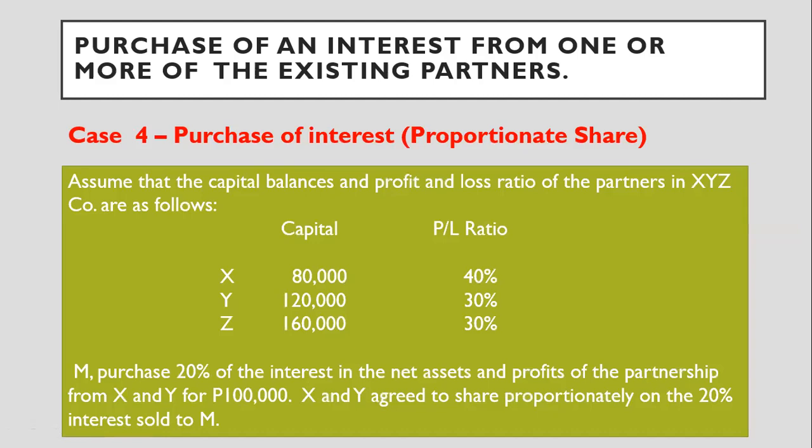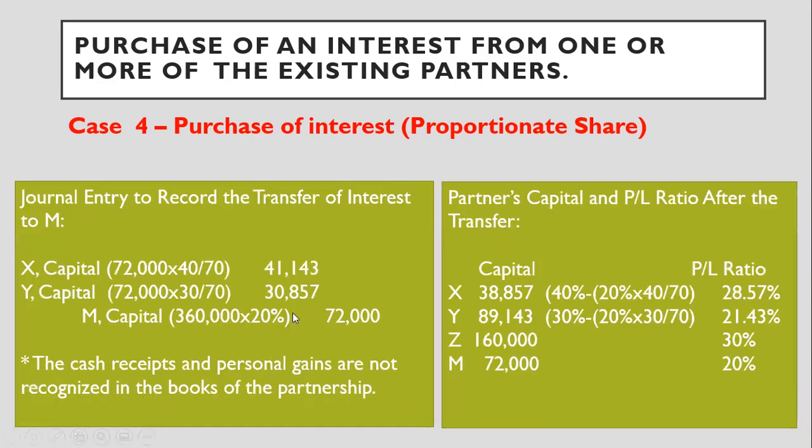X and Y agreed to share proportionately on the 20% interest sold to M. So the 20% rather is based on the net assets of the partnership. And then it's X and Y who agreed to proportionately share the 20% interest sold to M, so excluding Z. So how do we account for the transfer?